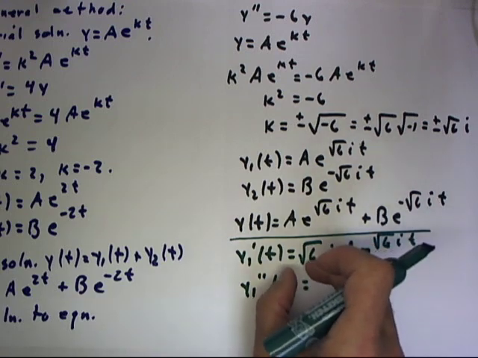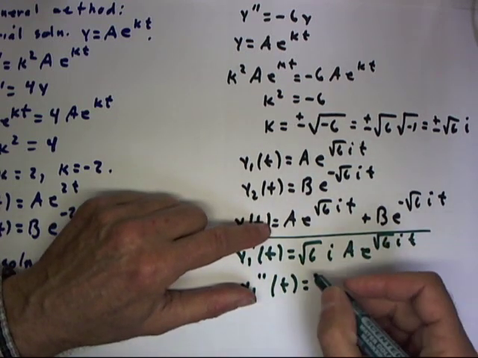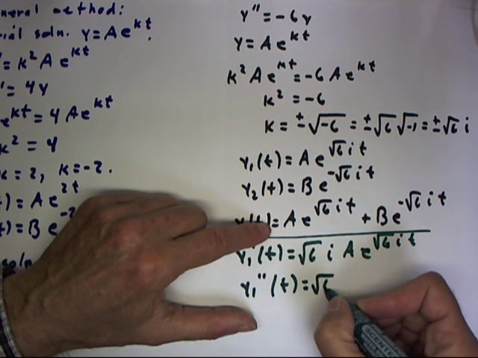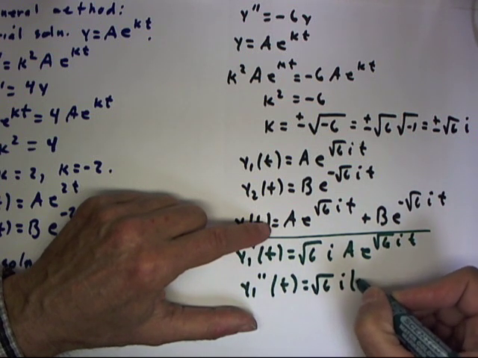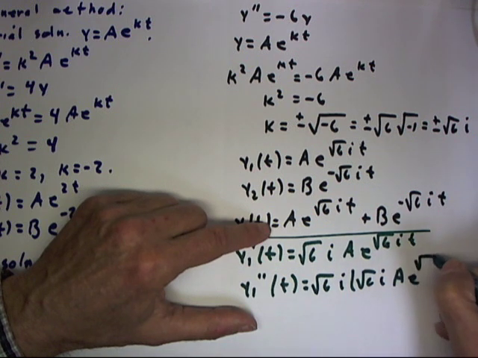So we'd have the square root of 6i times the square root of 6i, a e to the square root of 6it.